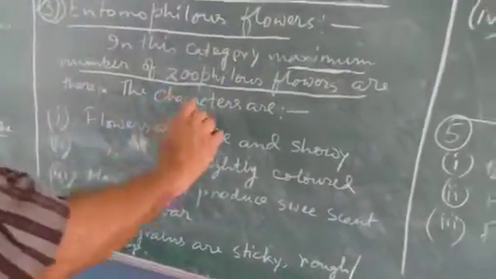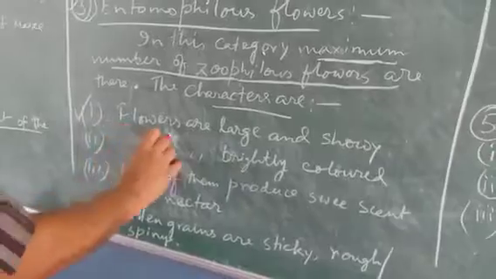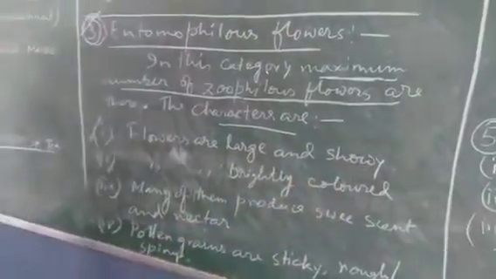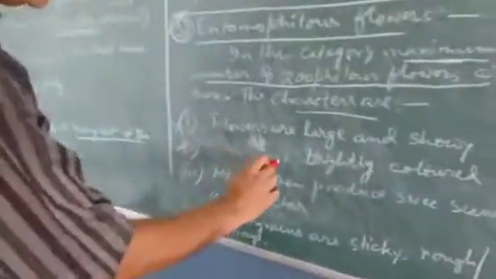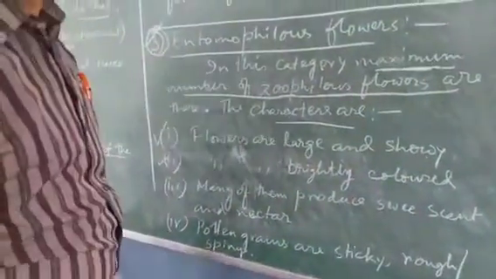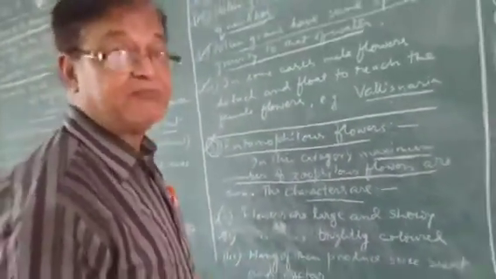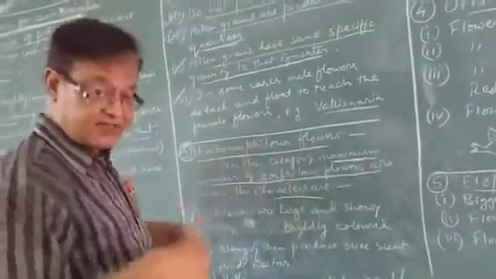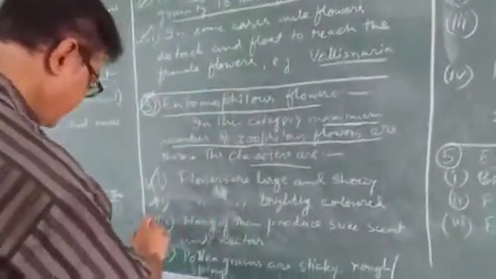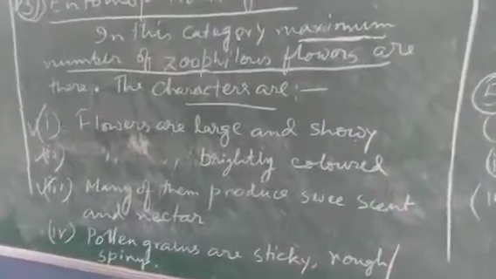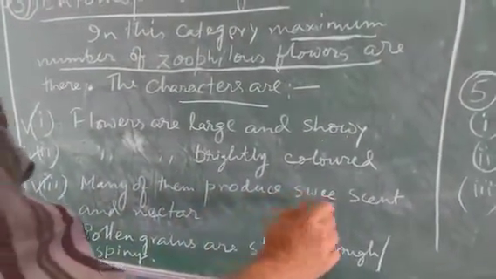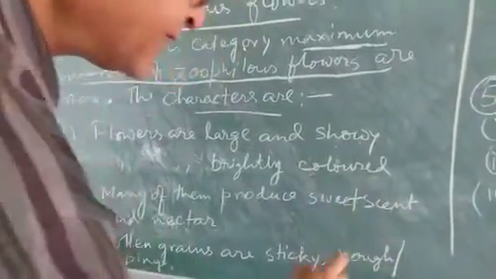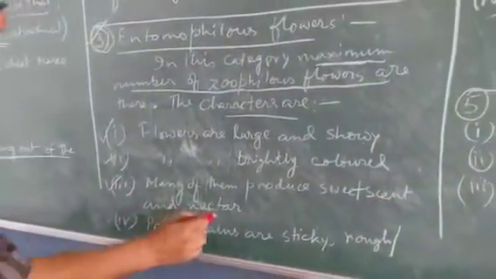The characteristics are: number one, flowers are large and showy, obviously for attracting insects. Number two, flowers are brightly colored so that they are visible, and by seeing the nice color, insects are attracted. Number three, many of them produce sweet scent and nectar.